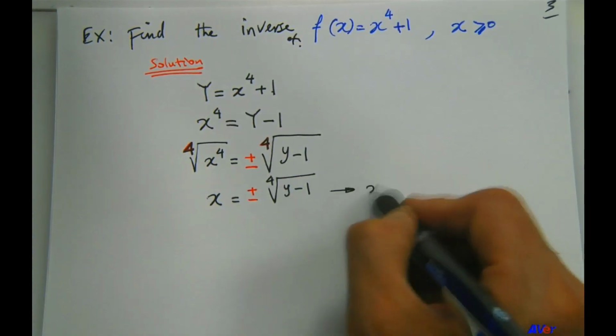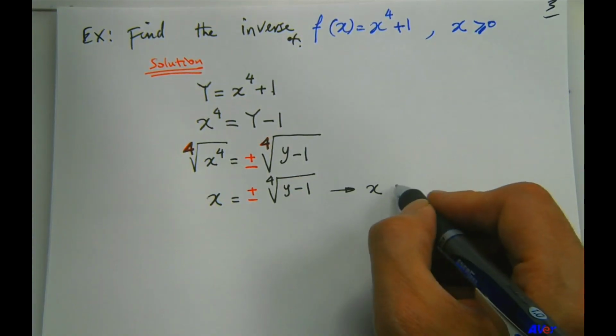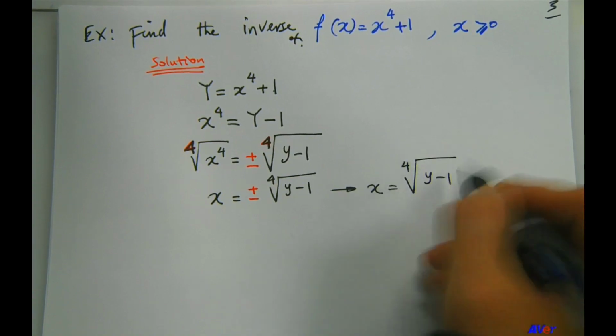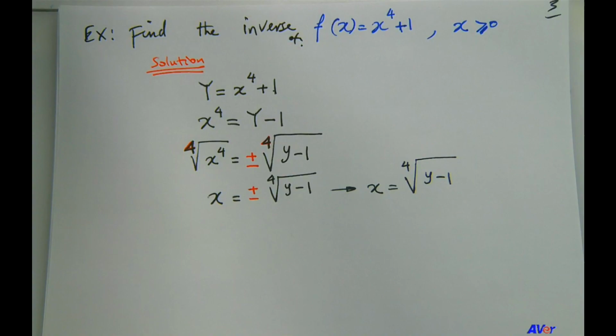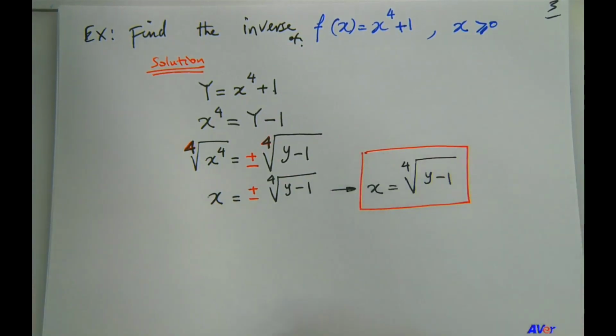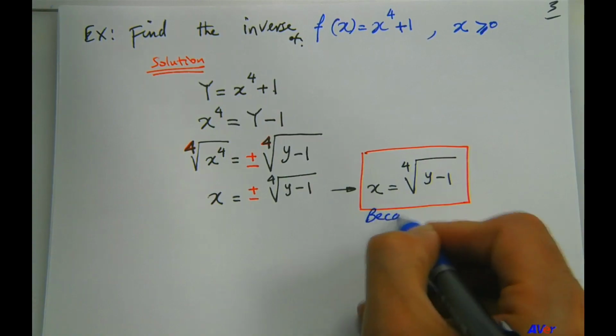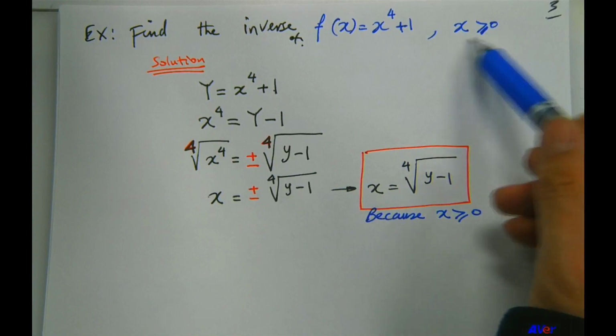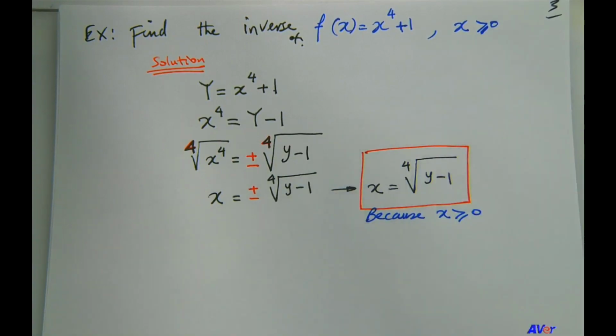Therefore, x equals the fourth root of y minus 1, and let me quickly add that x should be greater than or equal to 0 according to the condition we had at the start.